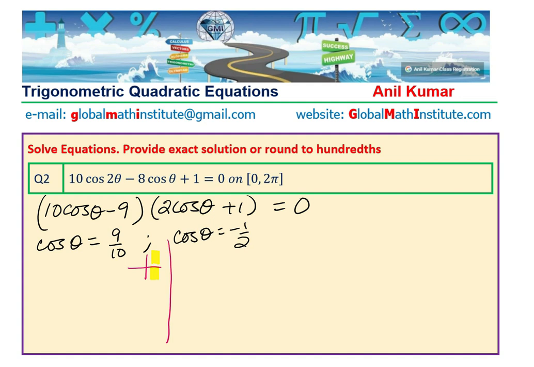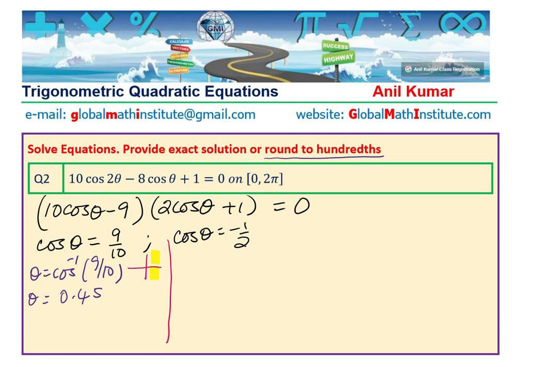So let's find the related acute angle, which will be theta equals cos inverse of 9 by 10. Shift cos inverse. We are working in radians. 9 divided by 10, or 0.9. So we get theta equals 0.451. Since we want to round it to hundredths, I have written 0.45. That should work, right?